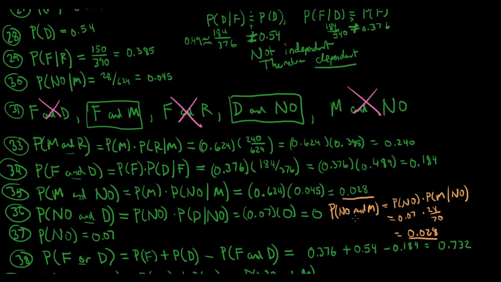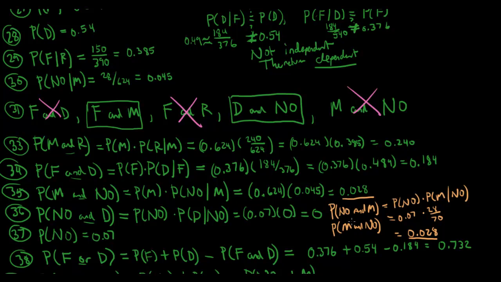0.028. So, it turns out that the probability of no and male is equal to the probability of male and no opinion. So that's a property to think about. If you swap these, it doesn't change the answer, at least for what we're doing here.